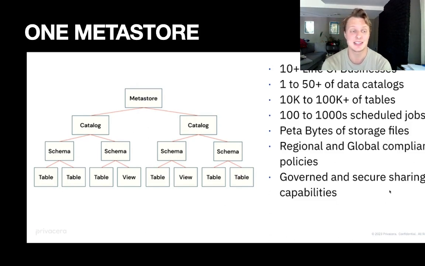It simplified things with one metastore, one place for all of that metadata, the data about the data, information all the way down to the granularity about what kind of data is in each row or each column.